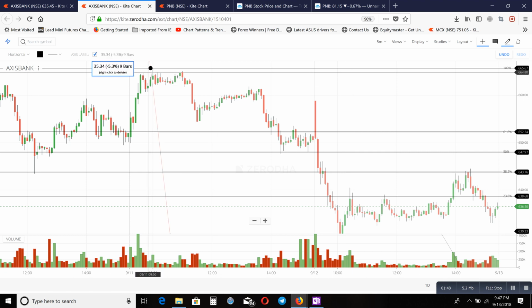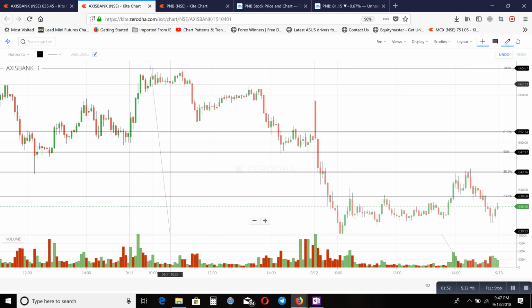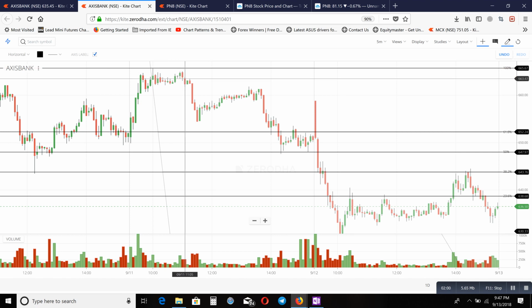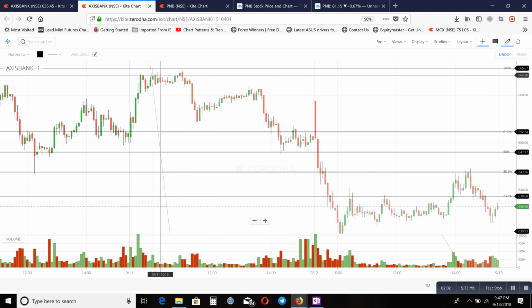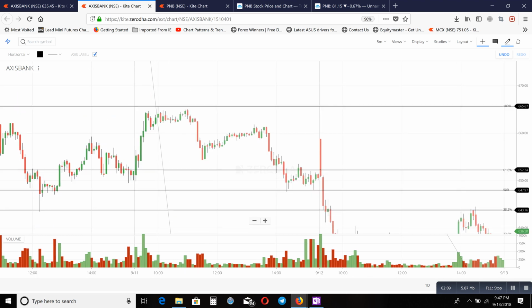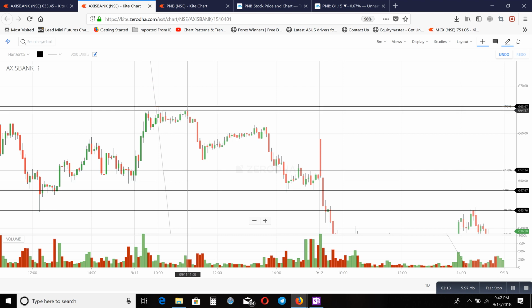So if we see here at the 100% line, this line acts as a resistance to the prices, and from here it's expected to go either up or down. So this line is going to act as a resistance.